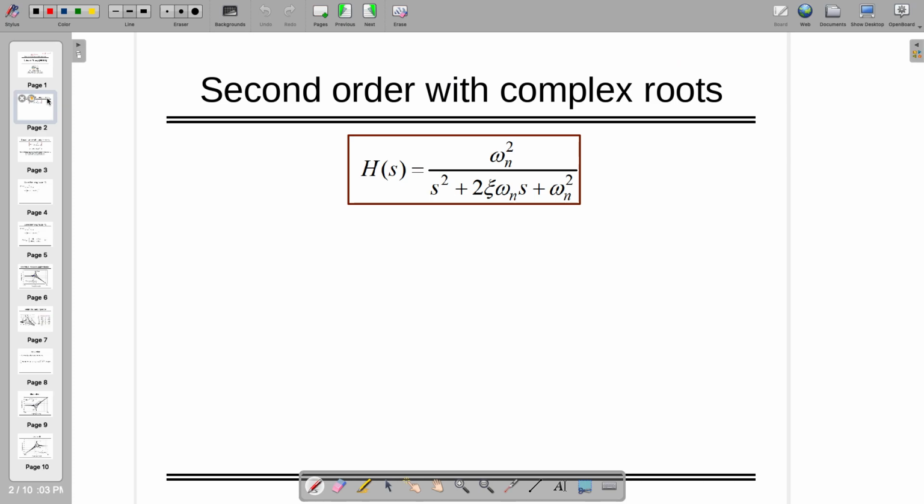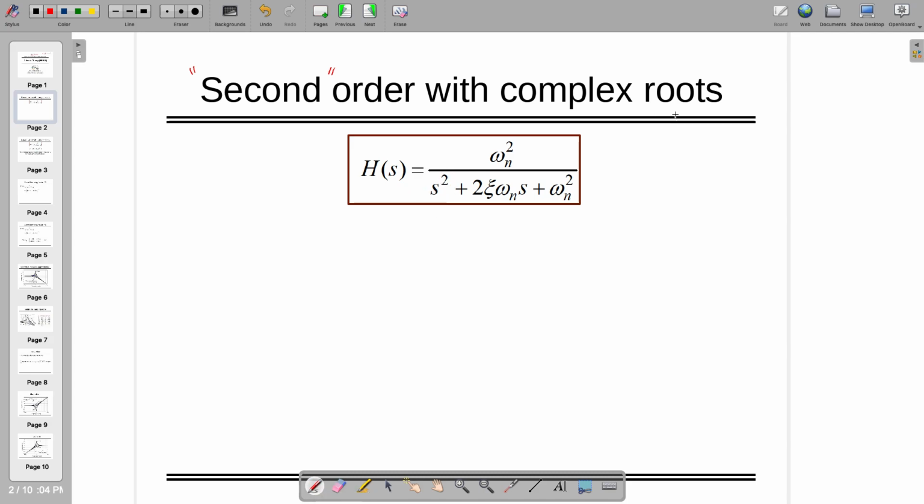Anyway, let's assume that there is a system which is second order. Second order is a system where the maximum power in the denominator is 2. And there are a few more quantities I am going to introduce. These are very commonly used everywhere.